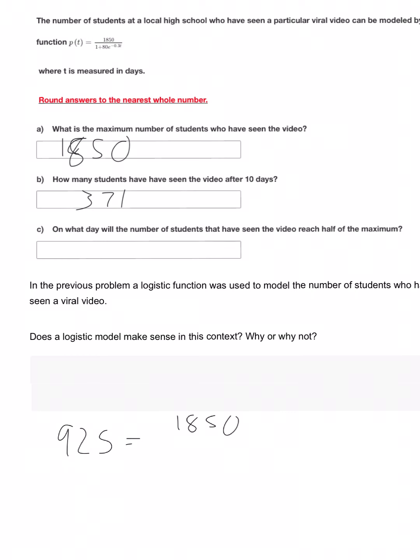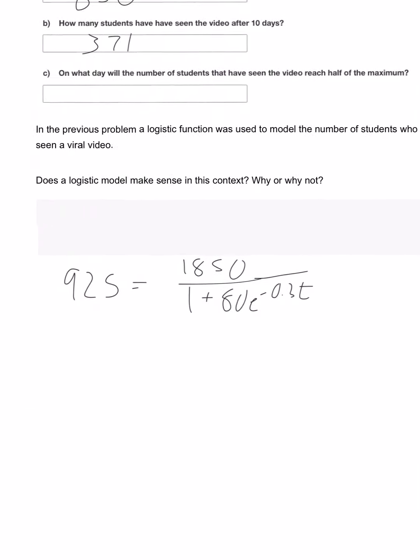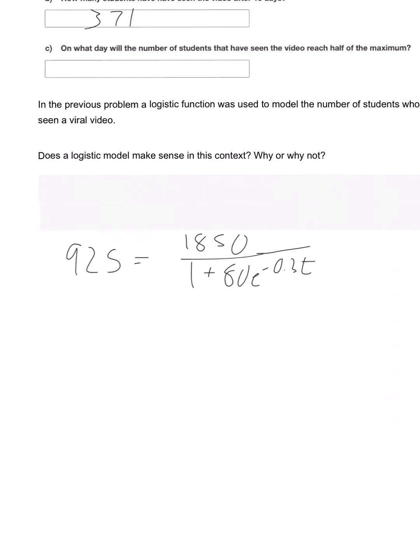If my output is 925, I now need to solve this expression for t. There's a little bit of work to do here. First, I want to multiply this to the other side to get my t, my variable, out of the denominator. We'll walk through it pretty slowly here. A lot of steps. Don't want to rush it.